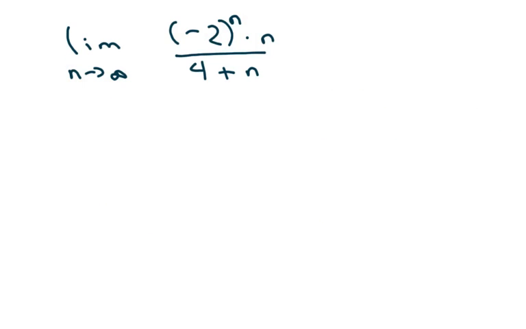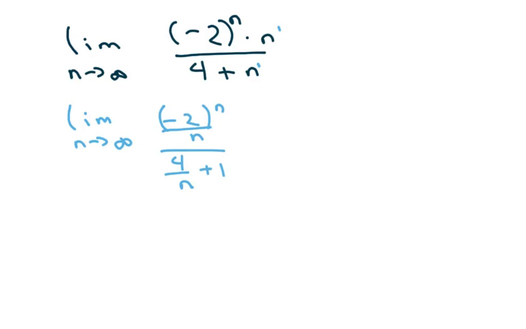Okay, the next one, we have this one. What I'm going to do is divide everything by my highest power, which is just n to the first power. So I'm going to have negative 2 to the n over n divided by 4 over n plus 1. I think I wrote this one down wrong.